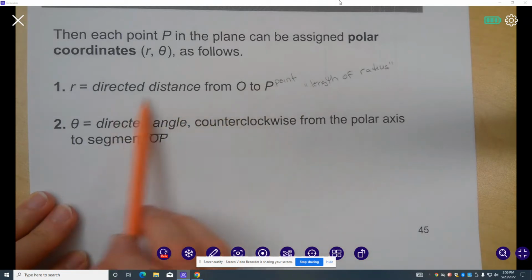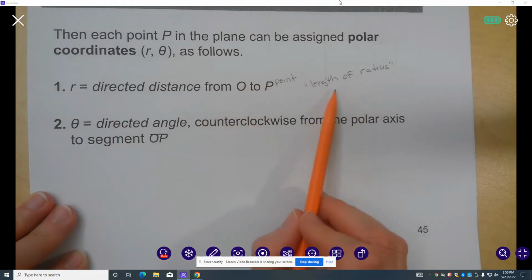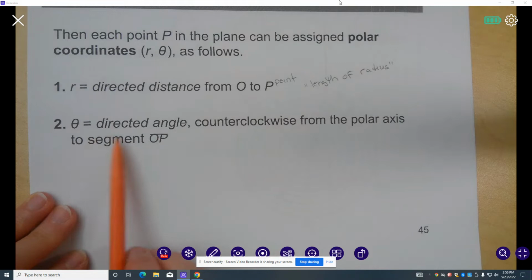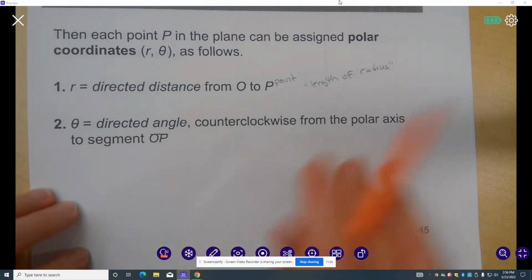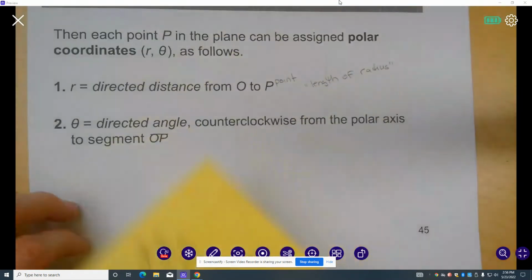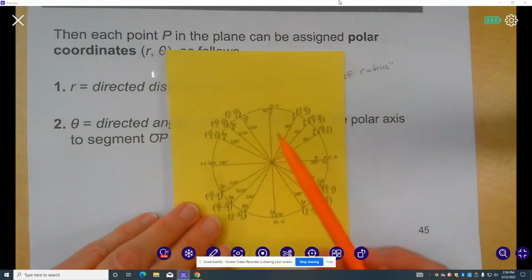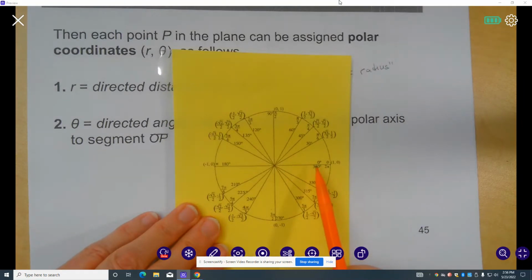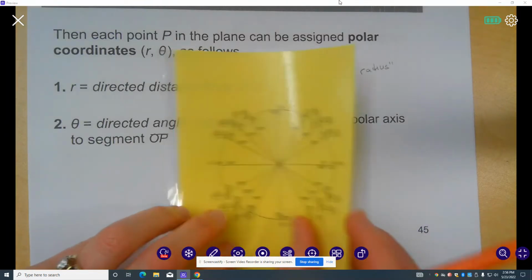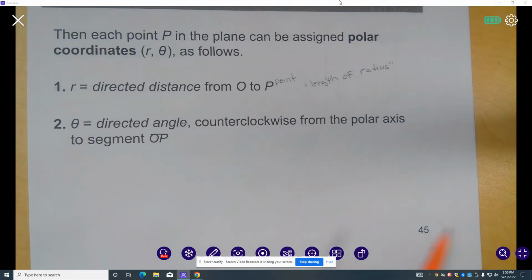You can think of it as the length of the radius. And the angle is the same angle that we talk about on unit circle. So counterclockwise from the polar axis, they call it. But we're going to have the same angles we talked about. So from here to here, you would have pi over 6, pi over 4, pi over 3. They're going to be exactly the same as a unit circle.